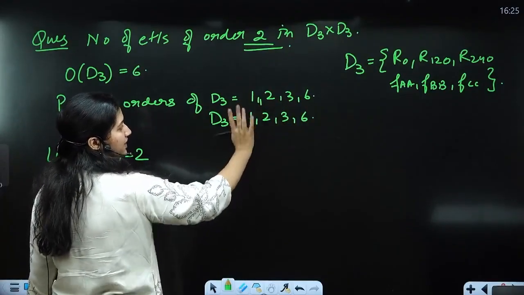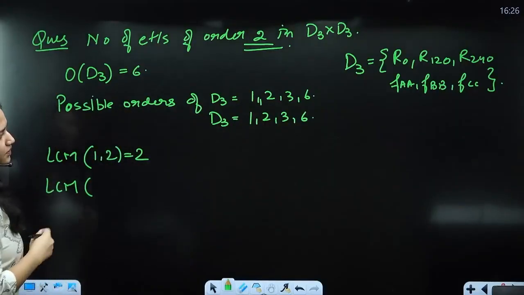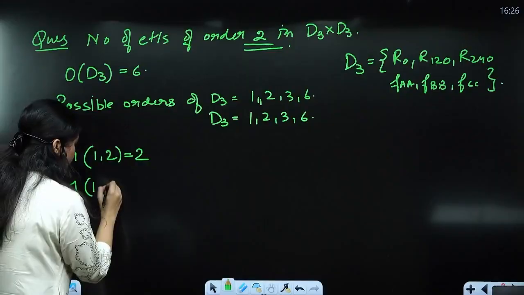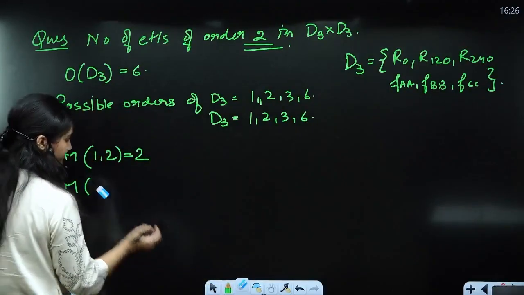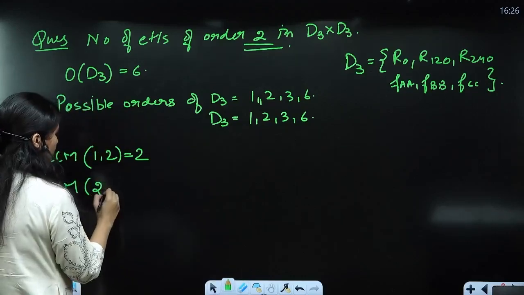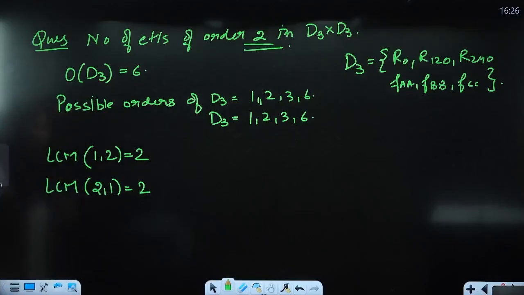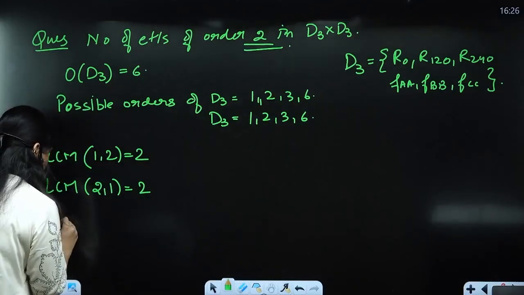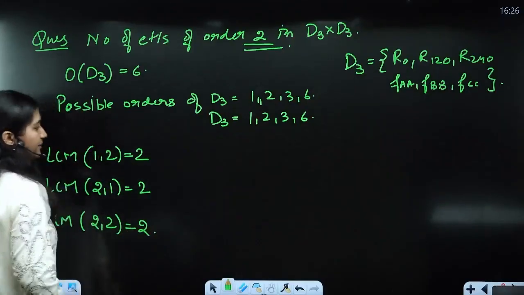Now 1 comma 1 is again not giving me, but 2 comma 1 will give me an element of order 2, and then finally 2 comma 2 will give me an element of order 2.